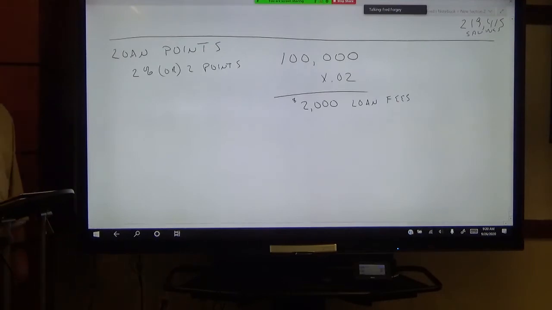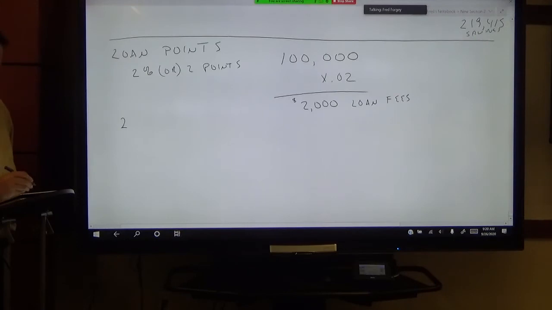Now, this term points, where does it come from? The best explanation that I can offer is, if you think about it, we want to charge 2% of the loan amount in loan origination fees or loan charges. We're saying, as I just said, 2%.